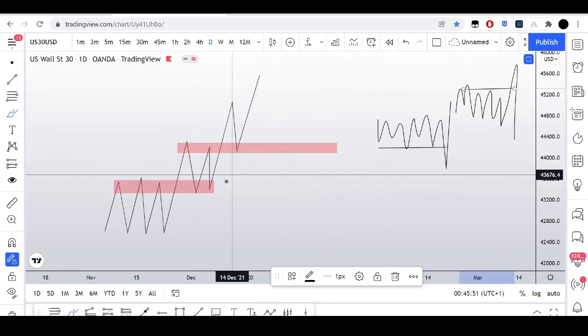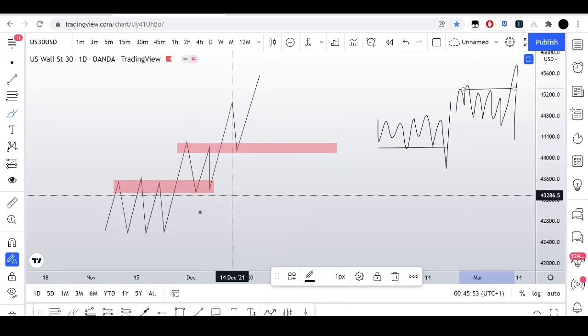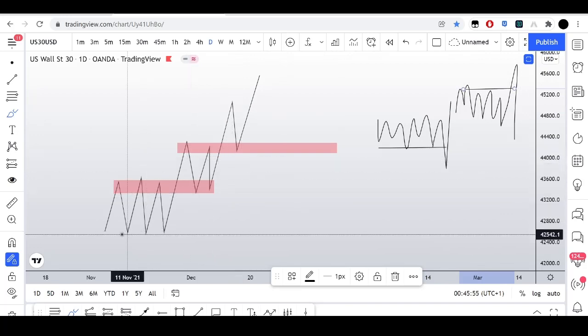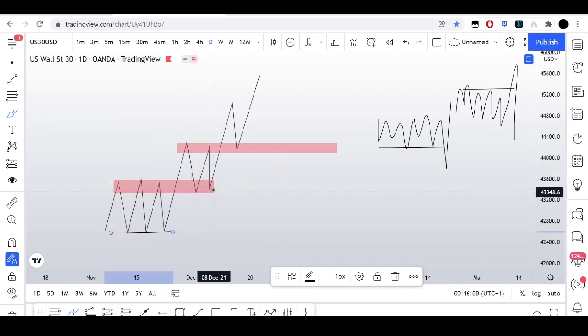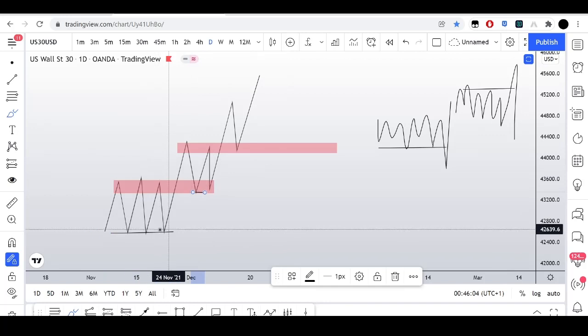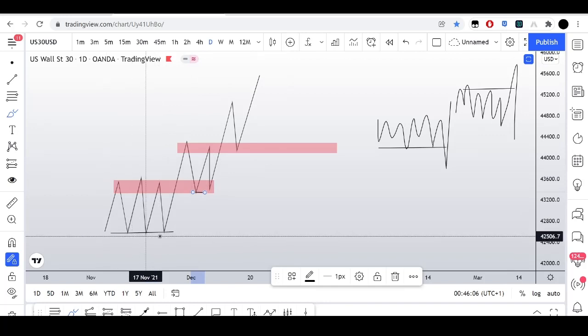Now for one of the confluences, you're not gonna look to trade any of the lows that are built up like this. You see how this low right here never took out this low, or any of these lows right here never took out any lows.